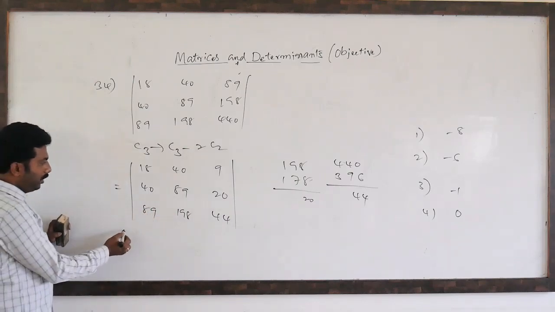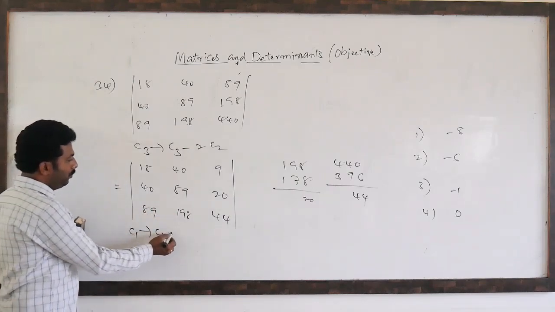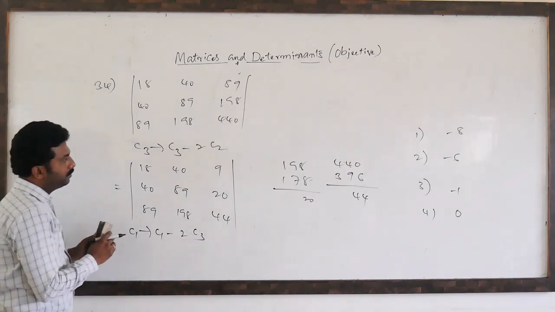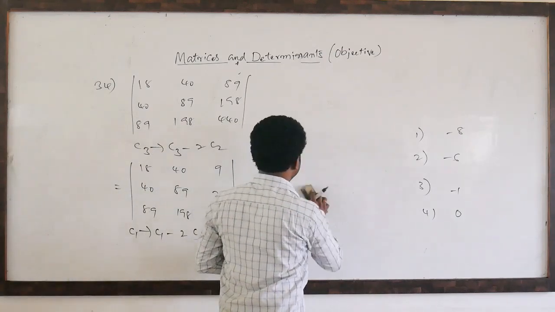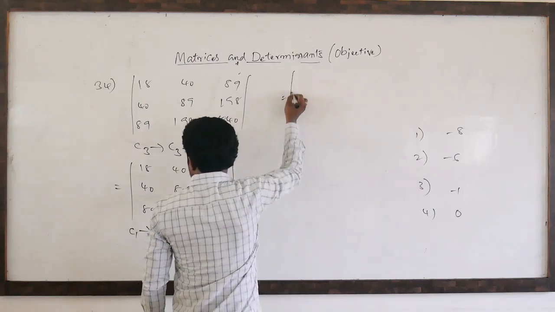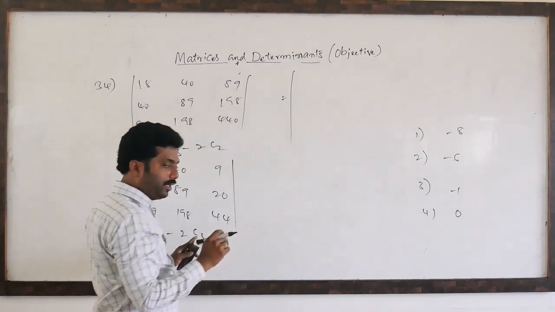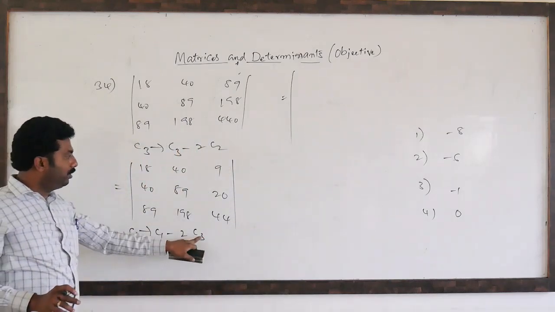Again you observe, C1 changes to C1 minus 2 times C3. So what will we get? C1 minus 2 into C3.